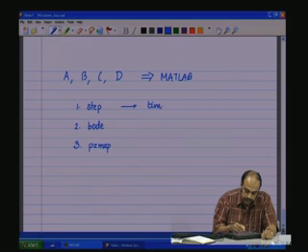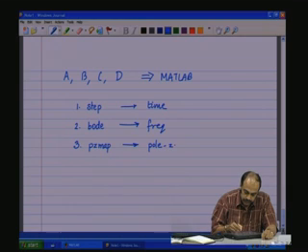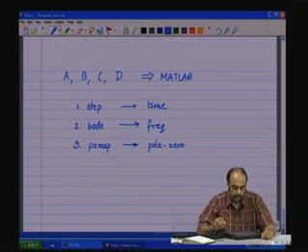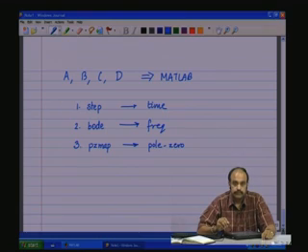So, the step would be for the time, Bode for the frequency and PZ map for the pole zero domain picture.